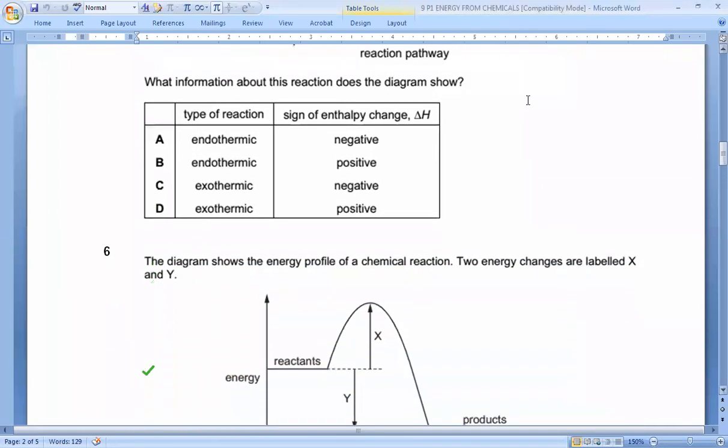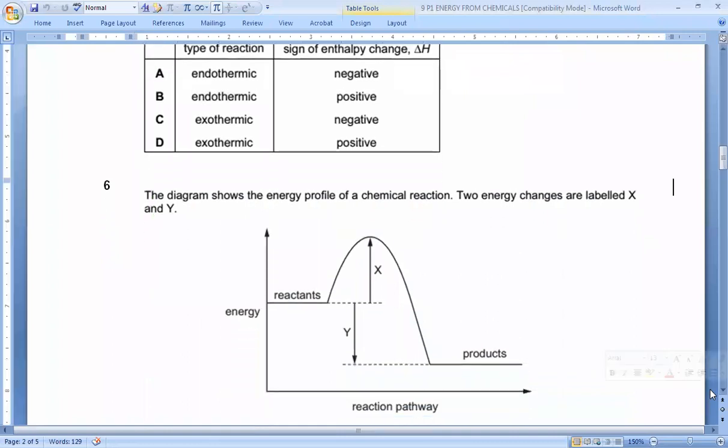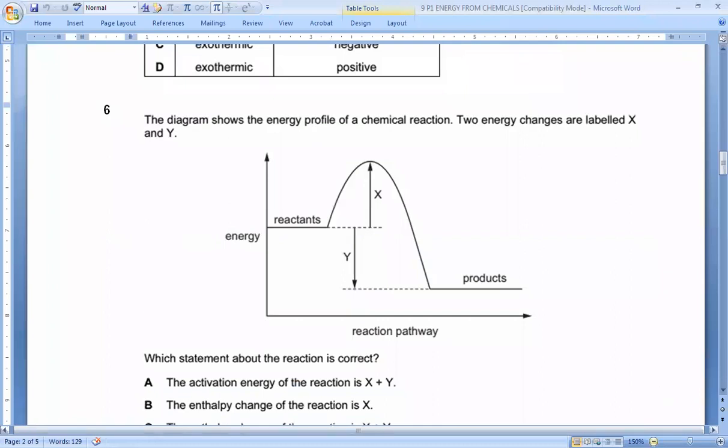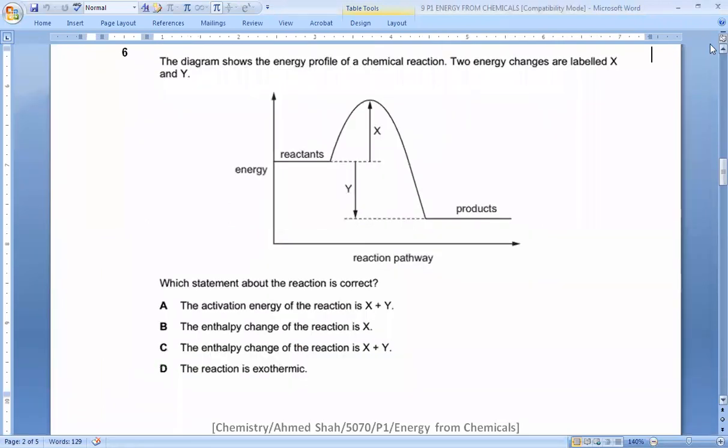Now, question number 6. The diagram shows the energy profile of a chemical reaction. Two energy changes are labeled X and Y. Reactants are on the upper side and products are on the lower side.